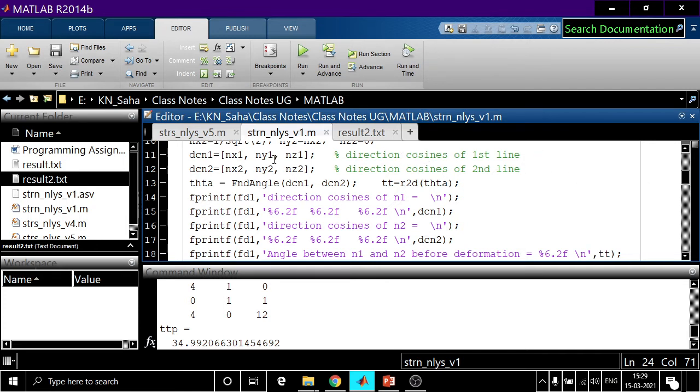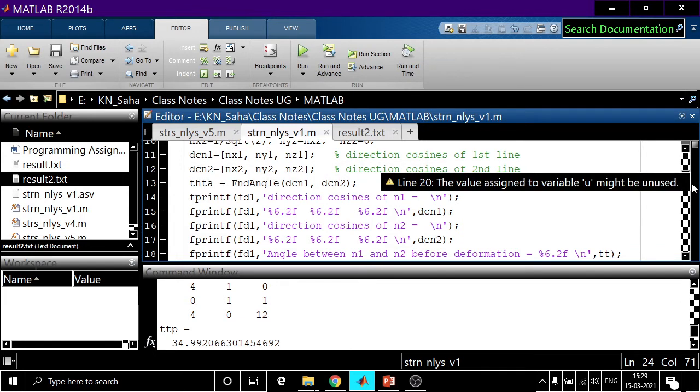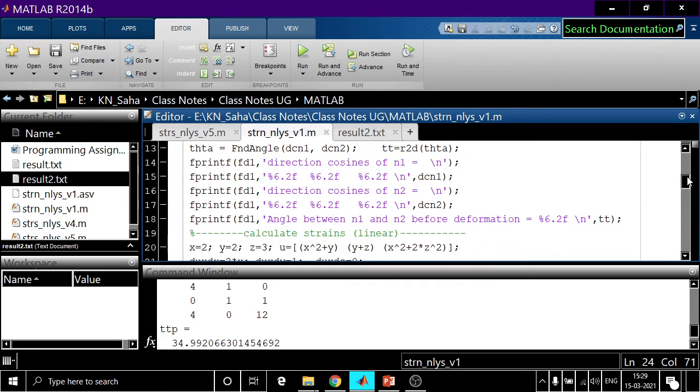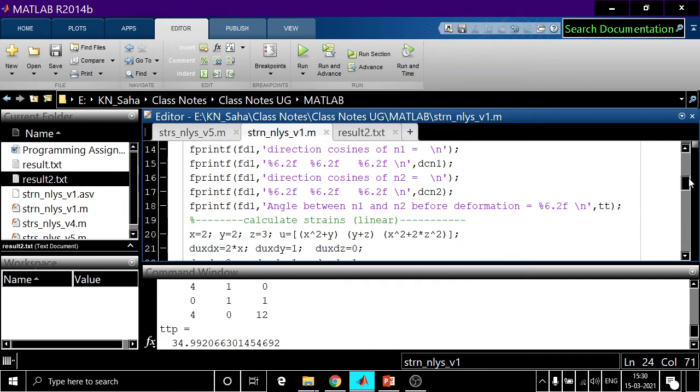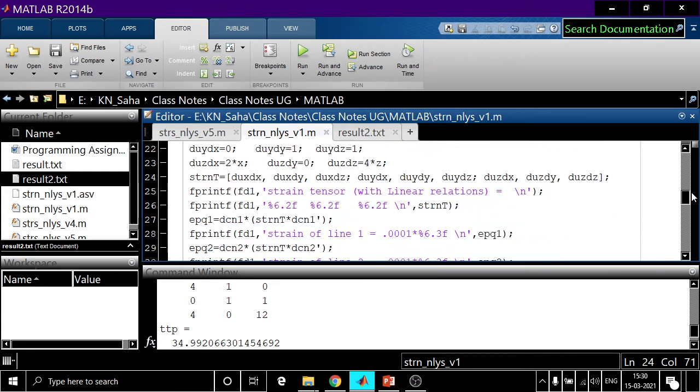For line 1 we use this vector and the strain tensor, although there is some error in the calculation of the strain tensor. But say this is the strain tensor.